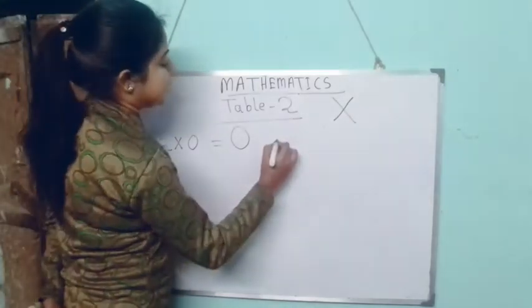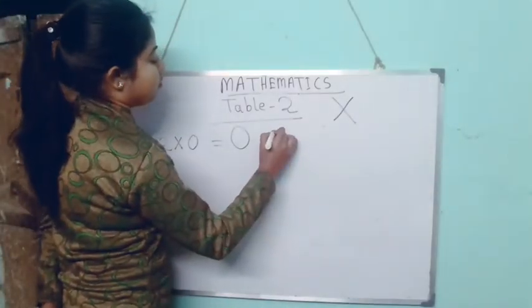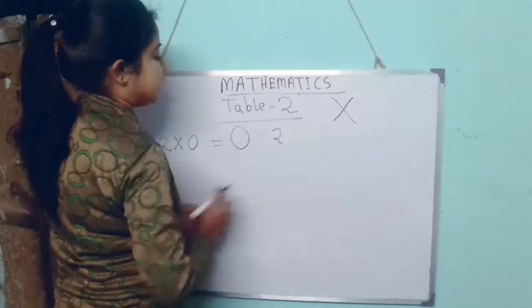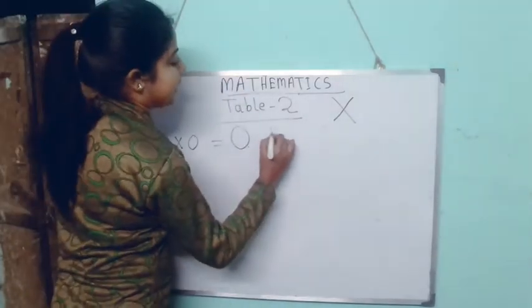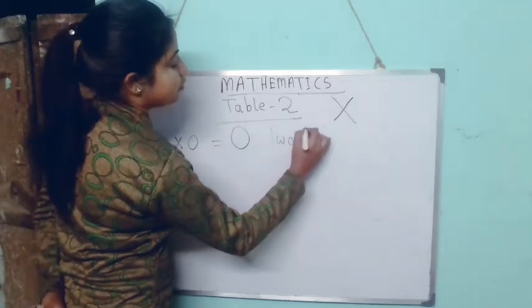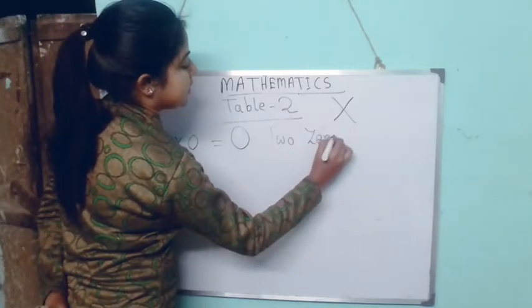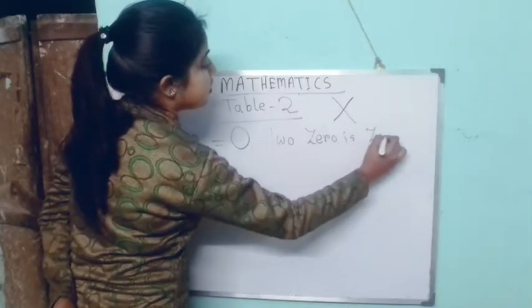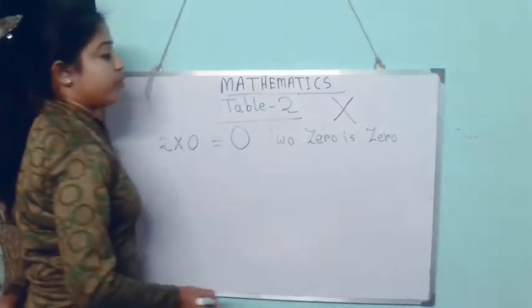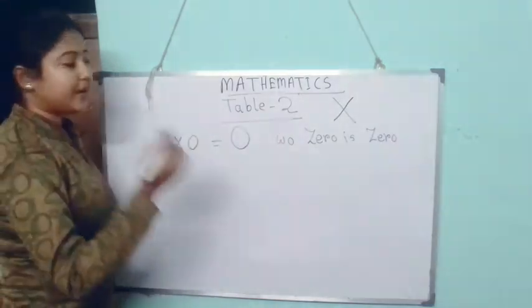So we will write 2 0 is 0. 2 0 is 0. You can write like this.